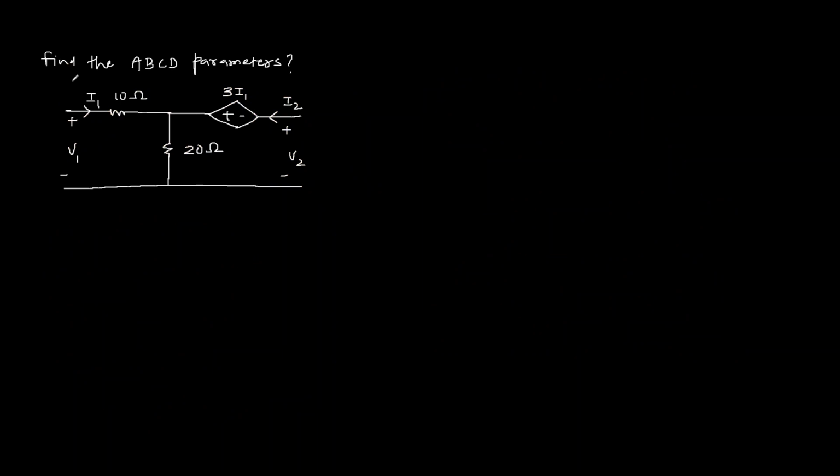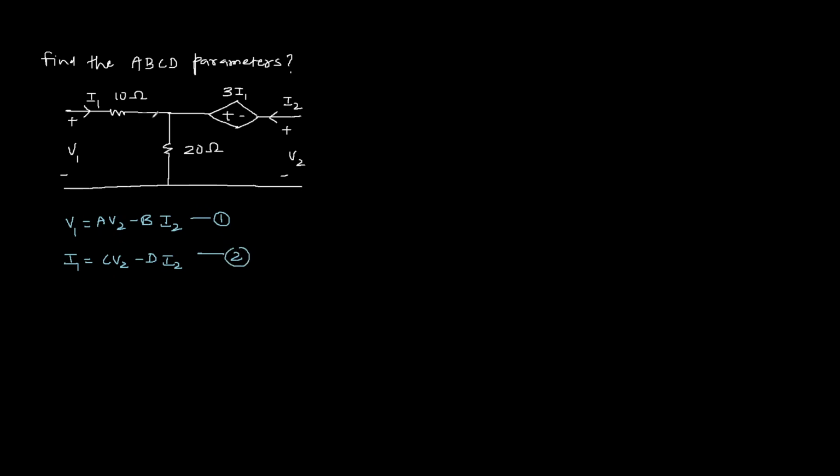For this two-port network, we have to find out the ABCD parameters. So equations for two-port network in terms of ABCD parameters are V1 equal to A V2 minus BI2. This is first equation, and second equation is I1 equal to CV2 minus DI2.